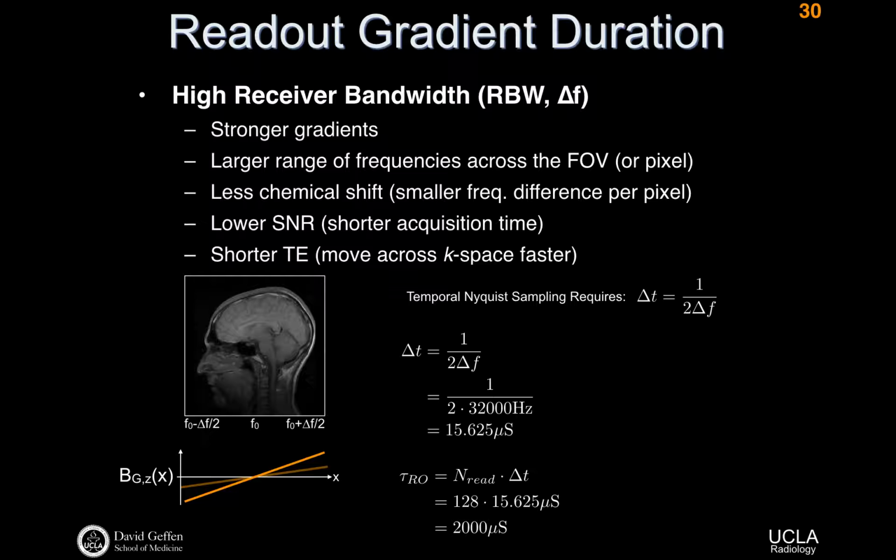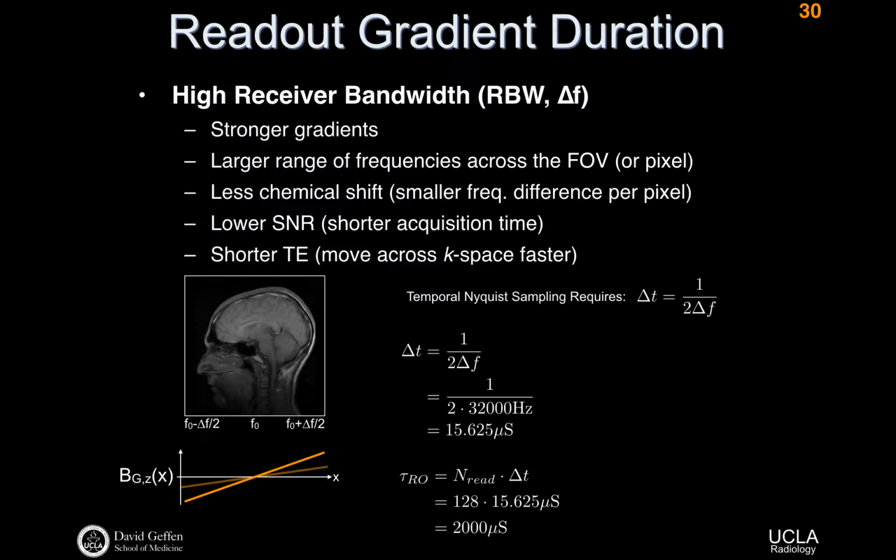Where is the delta F, the frequency difference, for? What is this delta F? This delta F is like the receiver bandwidth. But why is there a 2 times the 1 over 2?